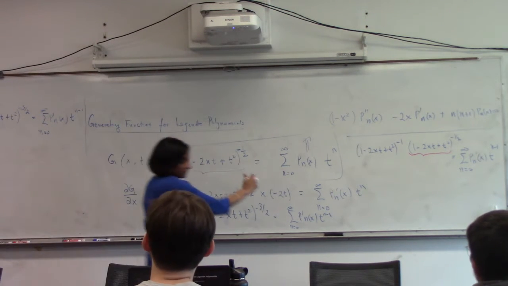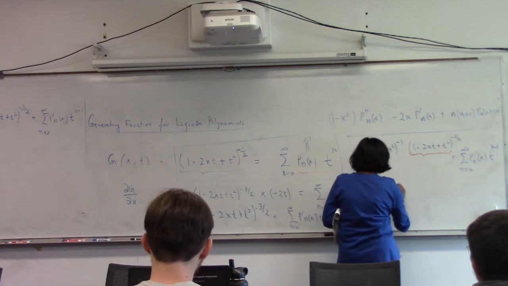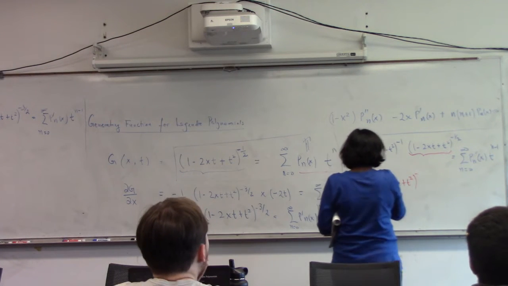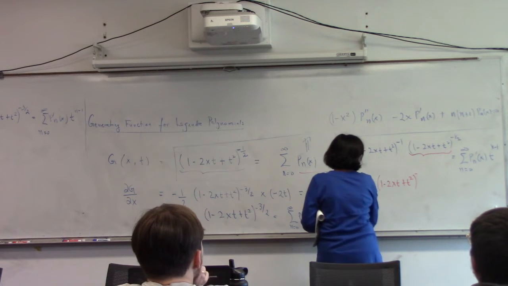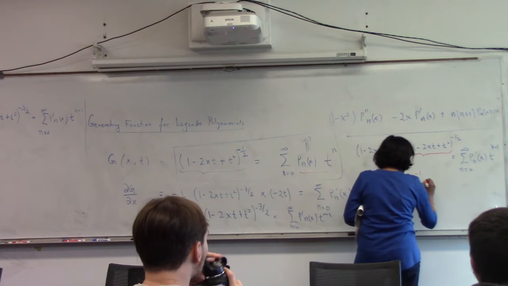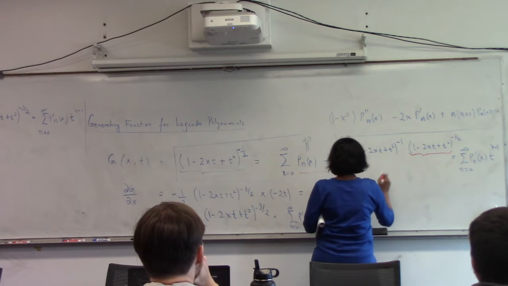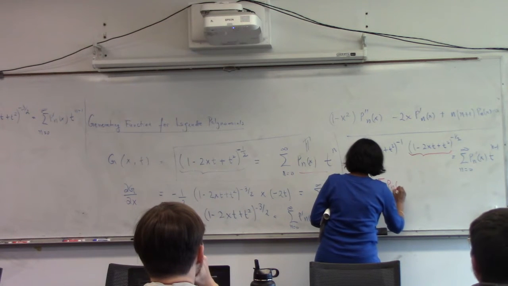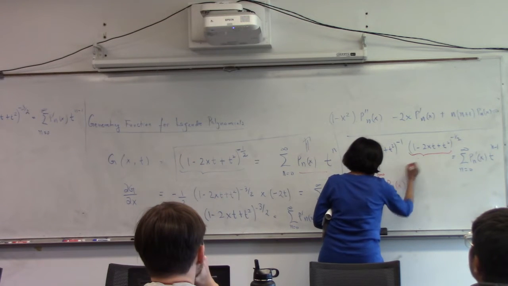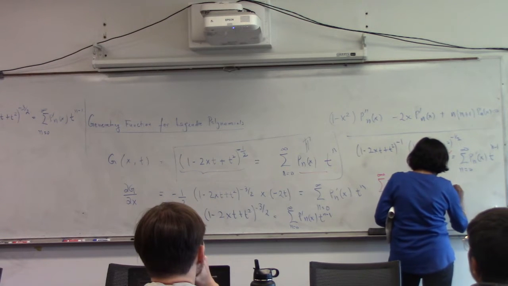It is g, which is this, right? So I can substitute for that the following: minus 2xt plus t squared, to the power negative 1, so I can take it to the other side. Let me write it here for a minute and then I'll take it to the other side. Basically it is this quantity, which is the summation of P_n(x) t to the power n, n going from 0 to infinity. And this is in the denominator, so I'm going to take it to the other side.